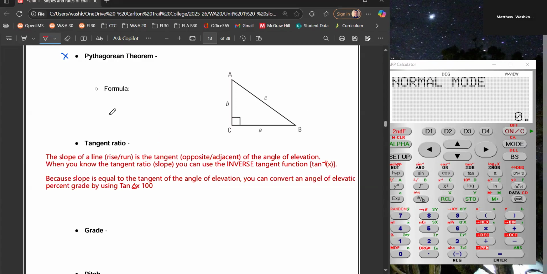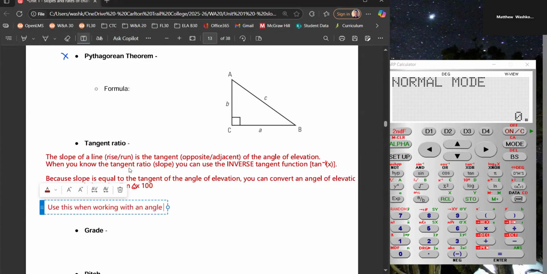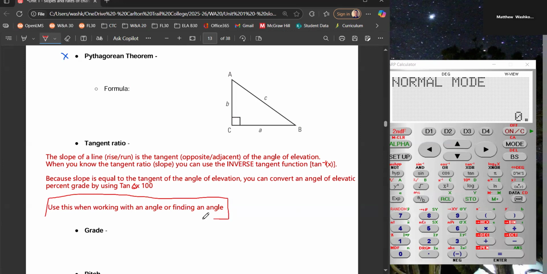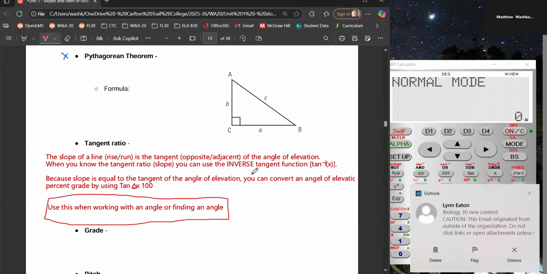So what the heck is the tangent ratio? Basically, we use this when working with an angle or finding an angle. This is your cue for when you need to use it: if I have an angle or I'm trying to find an angle.